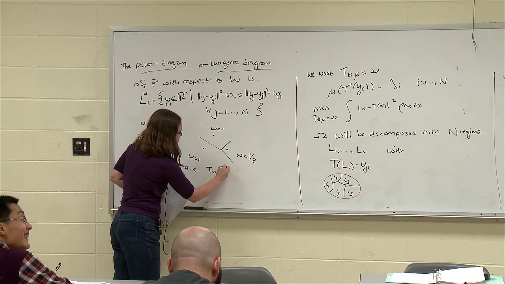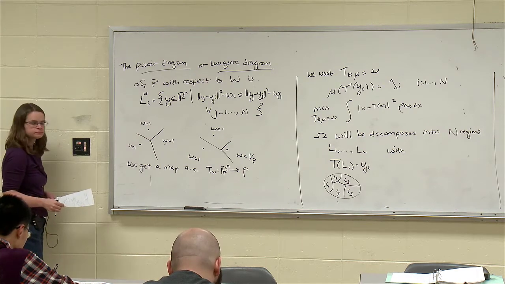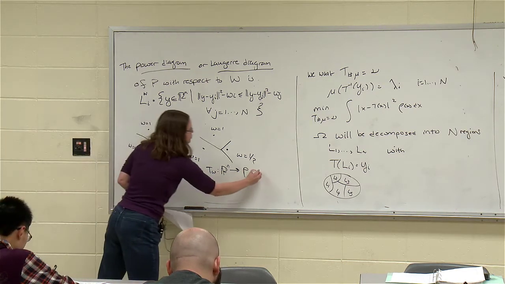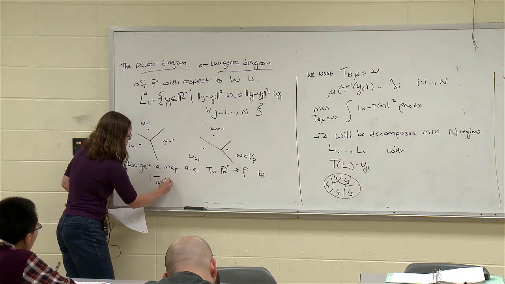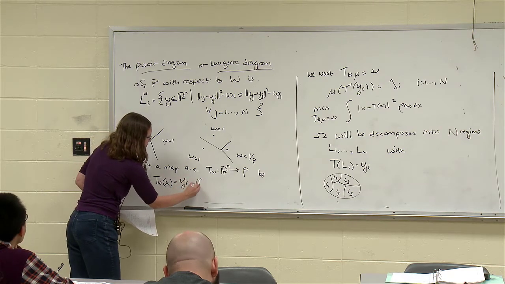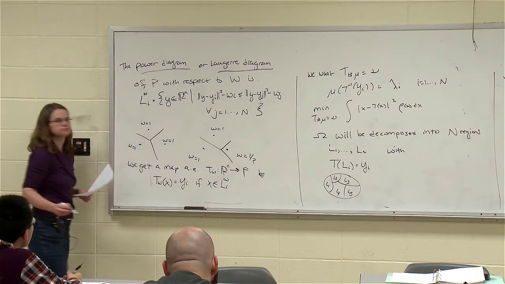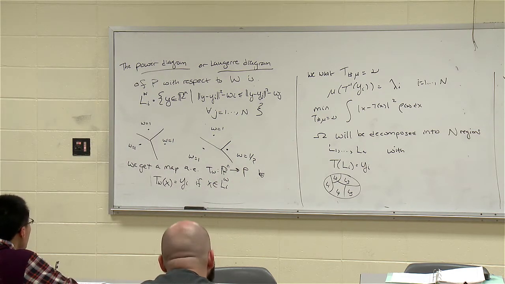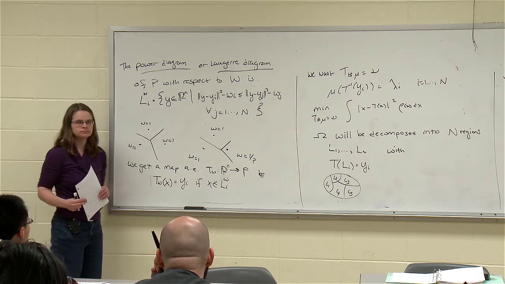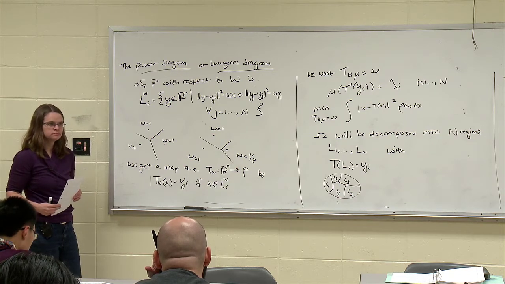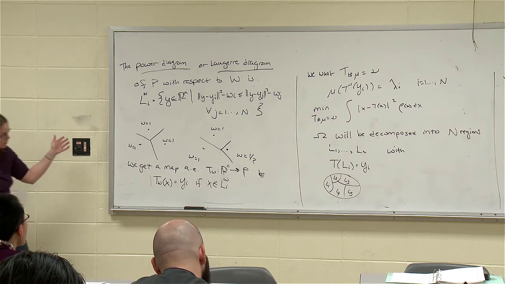That maps R^n onto my set of points. We define this by T_W(x) equal to y_i if x is in the ith cell. Is that clear?